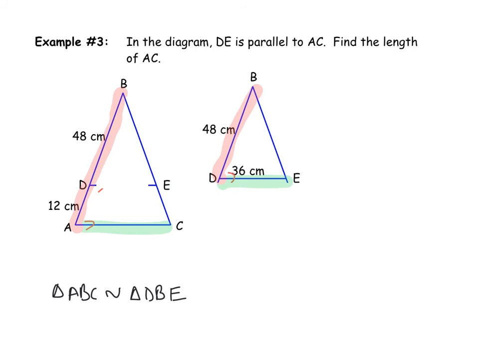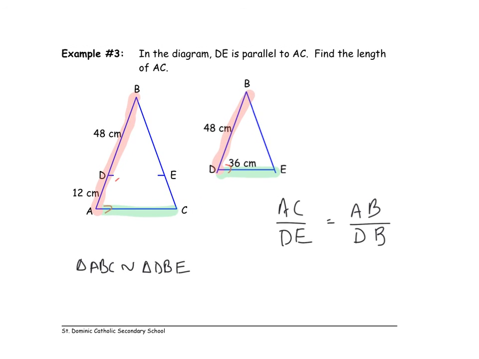So I know that side AC is proportional to side DE, just as side AB is proportional to DB. And now I can fill in some of the information and solve. So AC is my unknown.